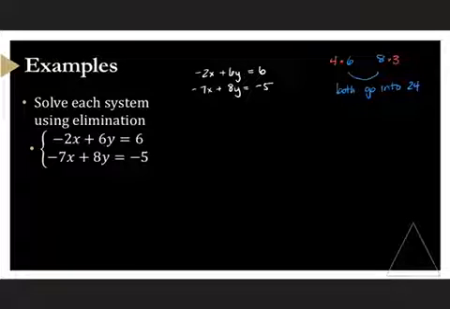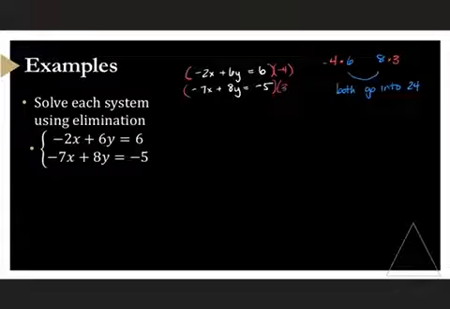So instead of multiplying by 4 and 3, one of them is going to be a negative number. So I'm going to take that 4 and make it negative. It doesn't matter, I could make the 3 negative. As long as I'm creating a conjugate pair, it's no big deal. So the equation that has 6y, I'm going to multiply the whole thing by negative 4. And the equation that has an 8y is going to get multiplied by 3.